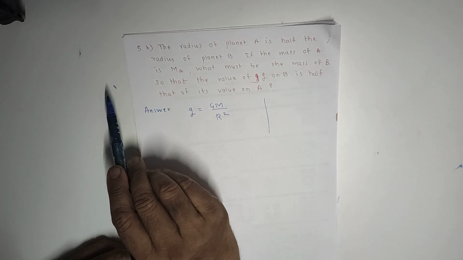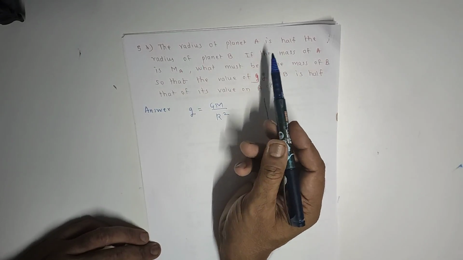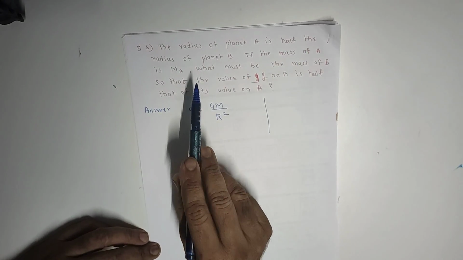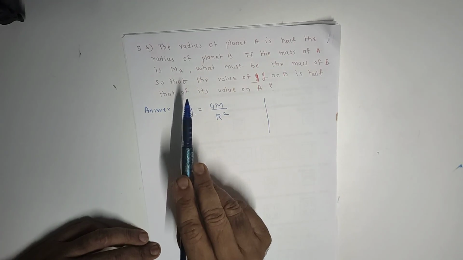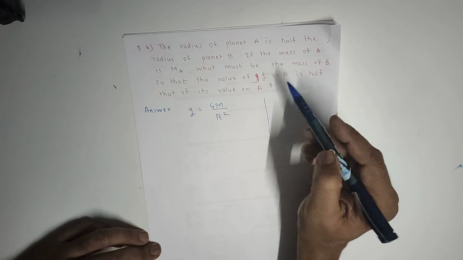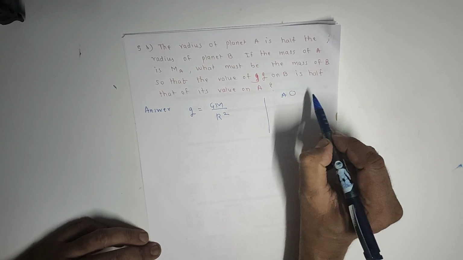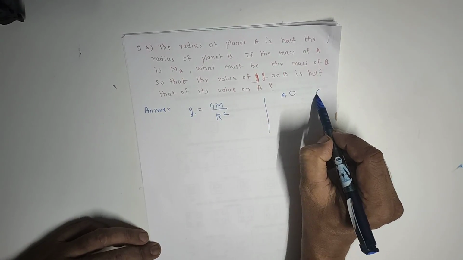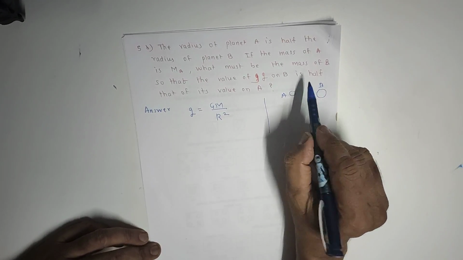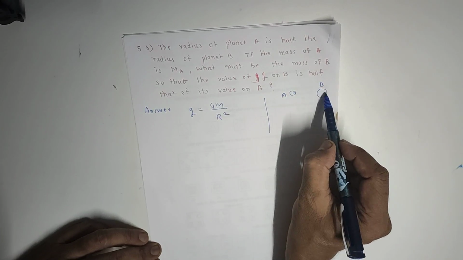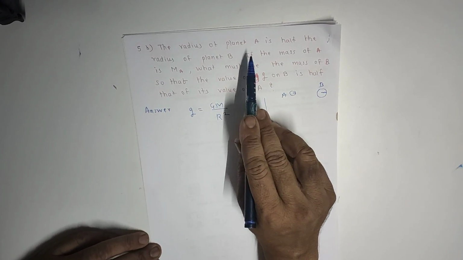Say the radius of planet A is half the radius of planet B. What is the meaning? One planet is A, second planet is B, and the radii are given with the comparison.